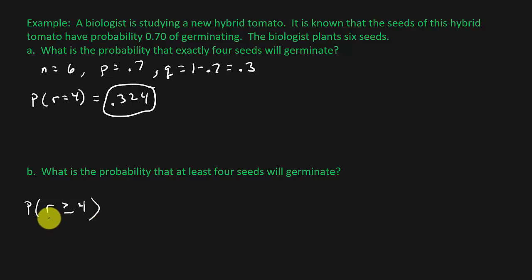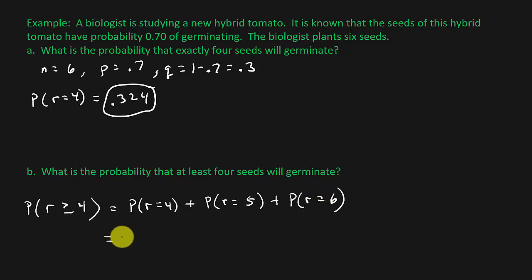So that's the probability that R is greater than or equal to 4. That's the probability that R equals 4 plus the probability that R equals 5 plus the probability that R equals 6. So we just look up the 4, 5, and 6.